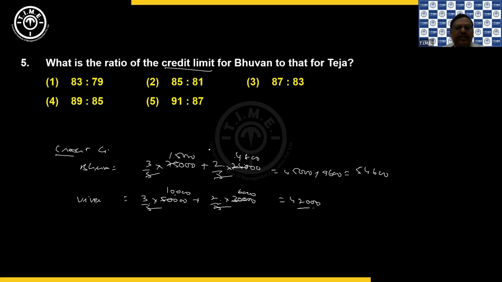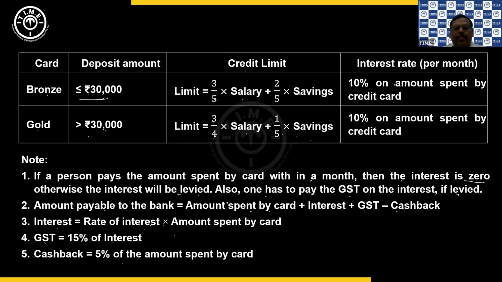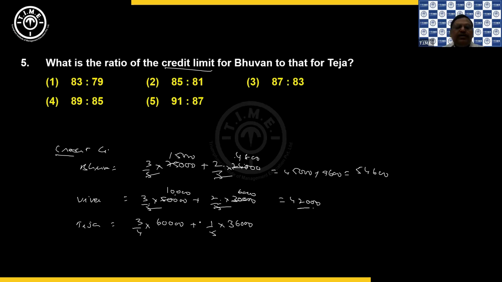So 3/4 of the salary for Teja, that is 3/4 of 60,000, which is 45,000, plus 1/5 of the savings. 1/5 of 36,000: 35,000 by 5 will be 7,000, and 1,000 by 5 will be 200. This is 7,200. 45 plus 7, 52,200.